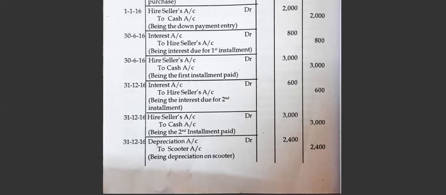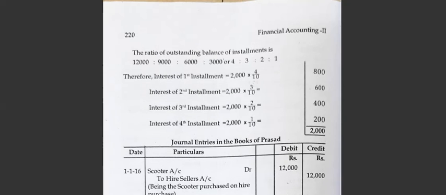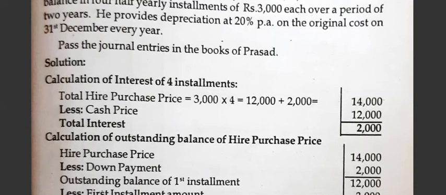Depreciation is nothing but on the total asset. What is the depreciation rate? It is 20%. So 20% you have to calculate on the total cash price, the value of the asset, that is 12,000 cash price.